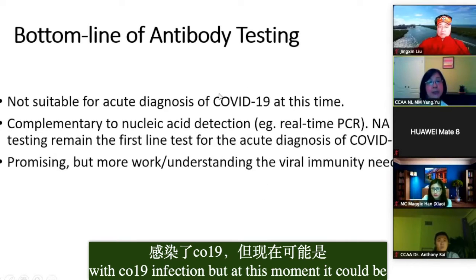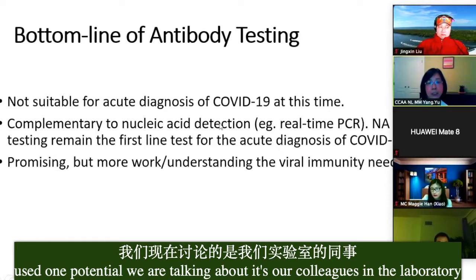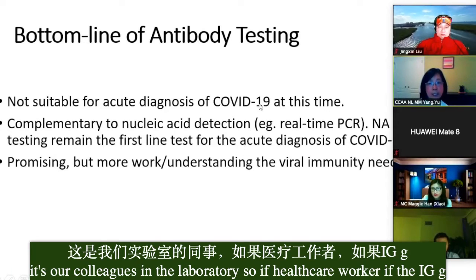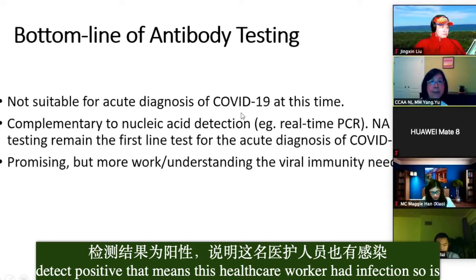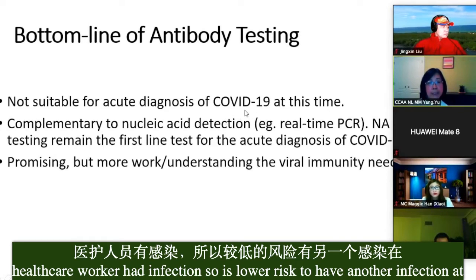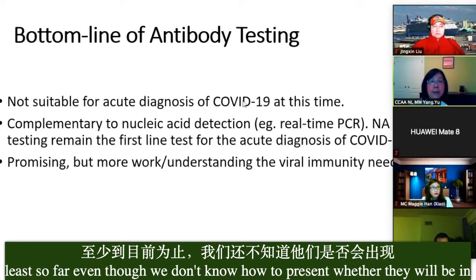But at this moment, there is one potential use we're talking about with our colleagues in the laboratory. If a healthcare worker's IgG is detected positive, that means this healthcare worker had an infection. So they are at lower risk of another infection, at least so far, even though we don't know 100% whether they will be reinfected.